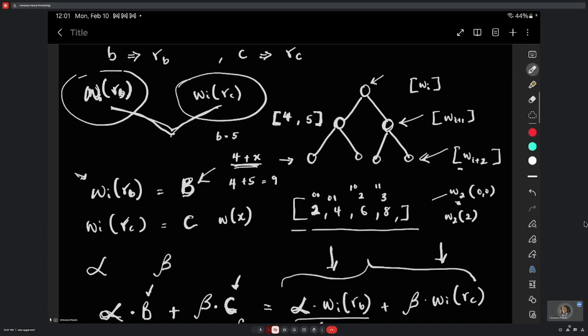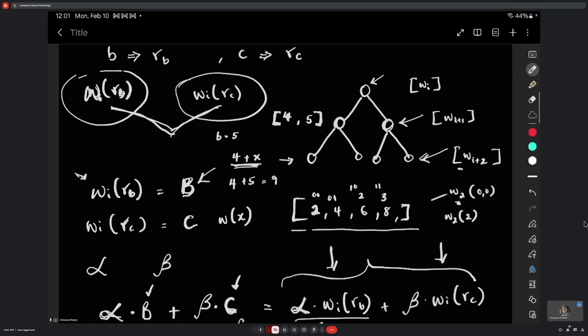This W2 polynomial, you know how we got it? This is the evaluation form you get. So if we evaluate this W2 polynomial at 0, 0, we should get 2. If we evaluate it at 0, 1, we should get 4. If we evaluate it at 500, 1000, we are going to get a random value.